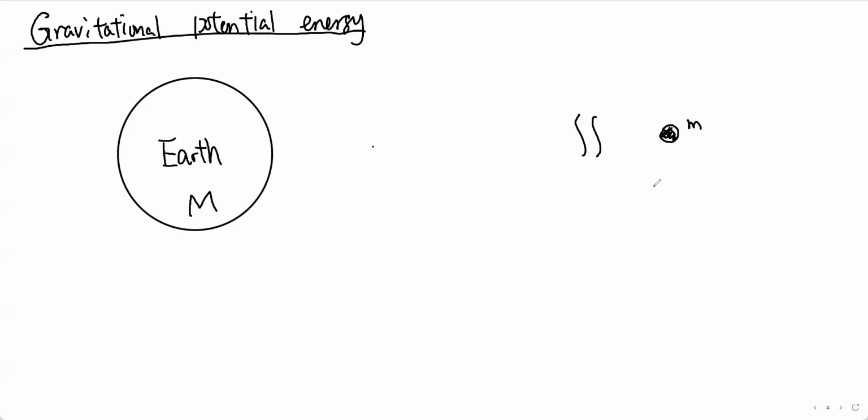So at this point, we say that the GPE is 0 at infinity. At that point, r is infinity. That means the separation between these two masses is infinite.